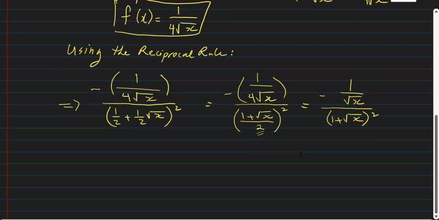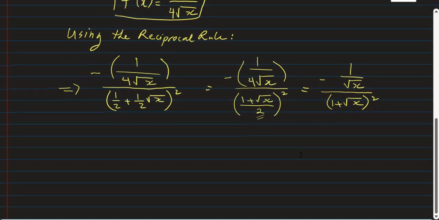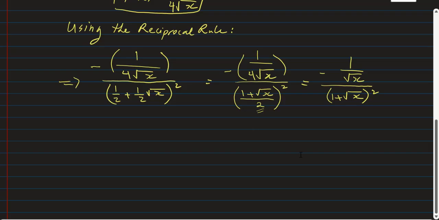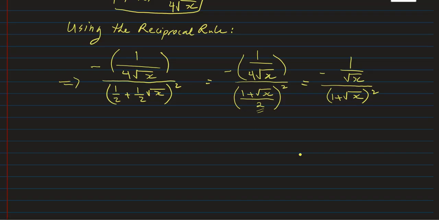We just have to plug in the slope value that we want, because the question says find the equation. To find the equation of the line, you need the slope.